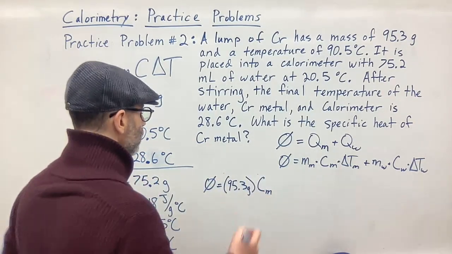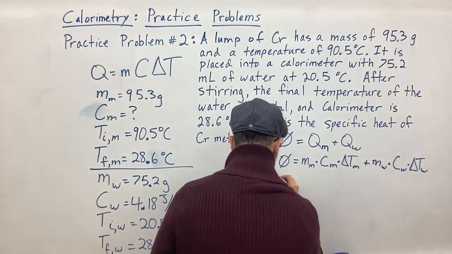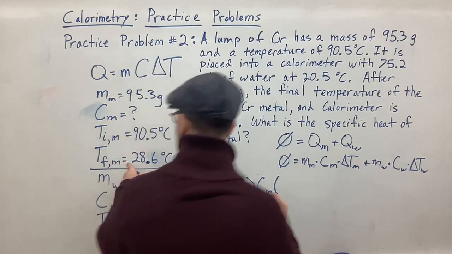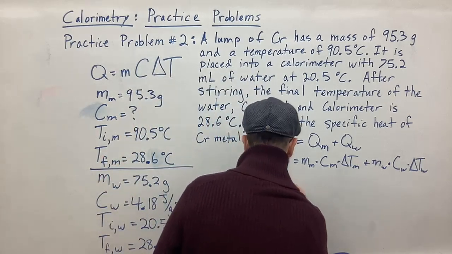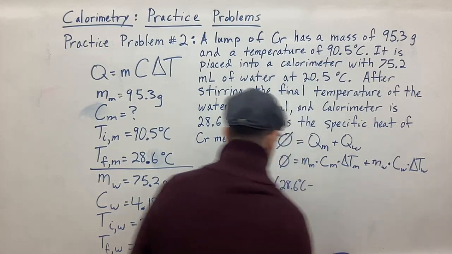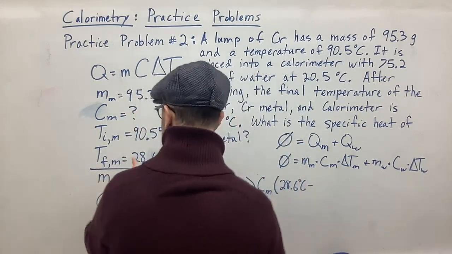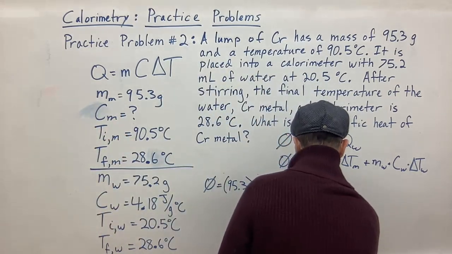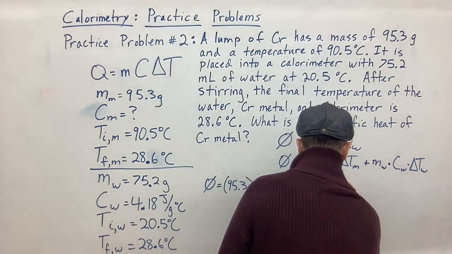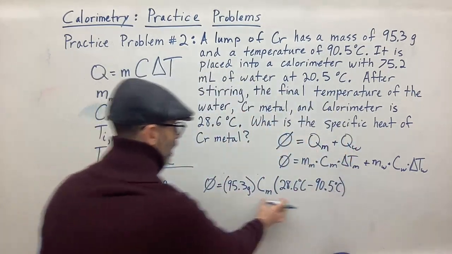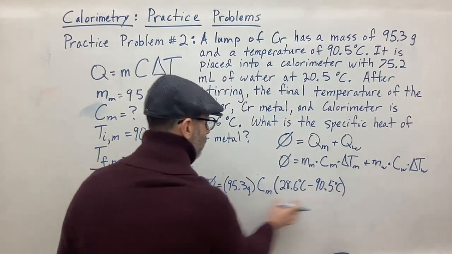It's up to you. I like to write it out. So the final temperature of the metal is 28.6 degrees Celsius minus the initial temperature, which is 90.5 degrees Celsius. Okay, so this is our metal part.